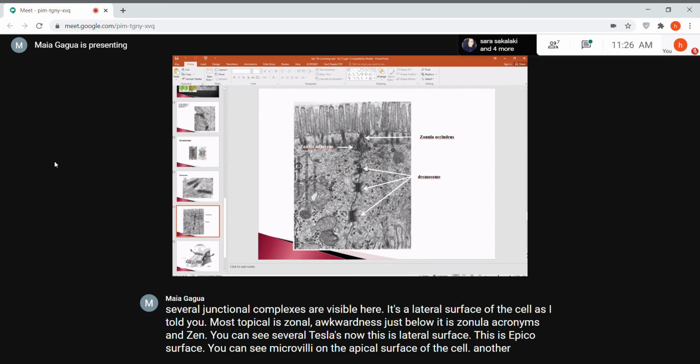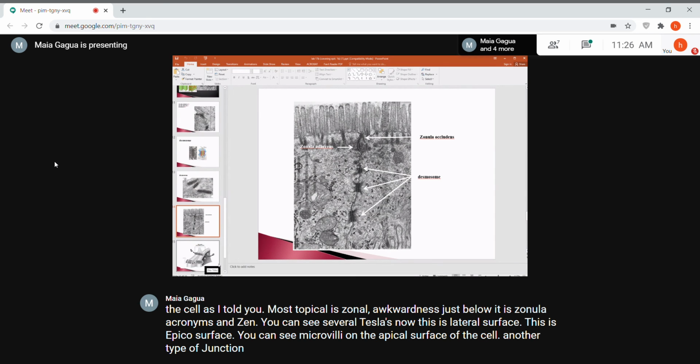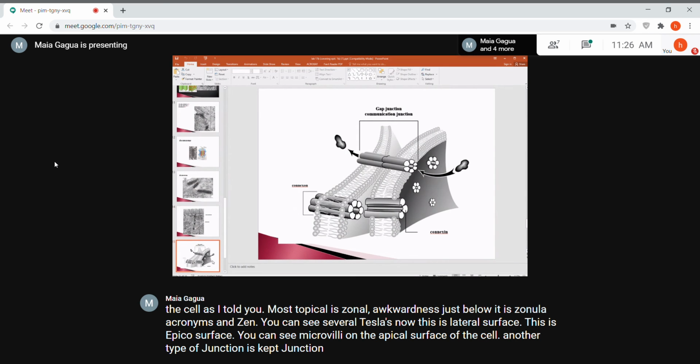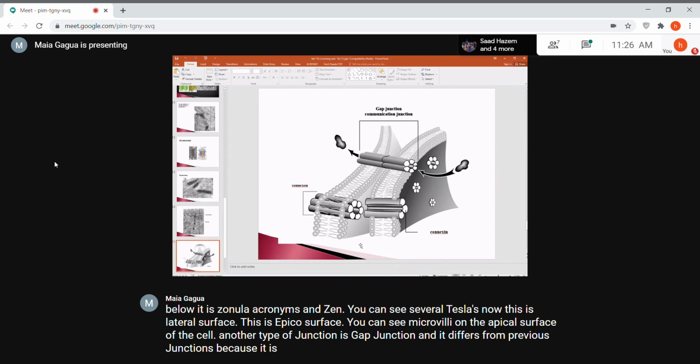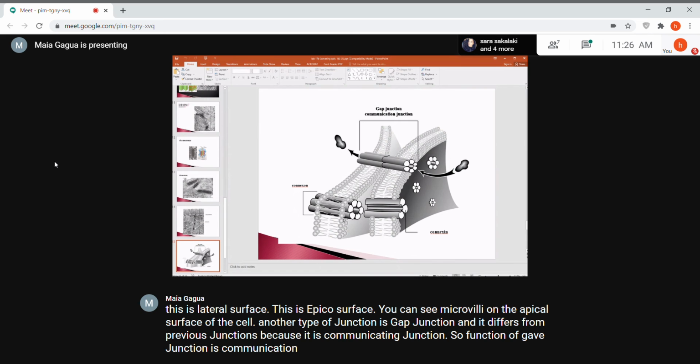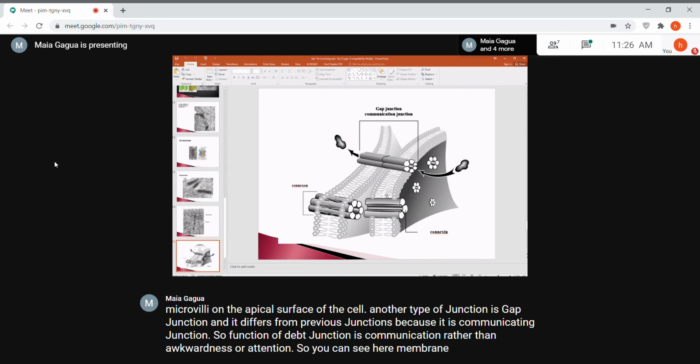Another type of junction is gap junction, and it differs from previous junctions because it is a communicating junction. So function of gap junction is communication rather than occlusion or adhesion. So you can see here membrane to membrane of neighboring cells.